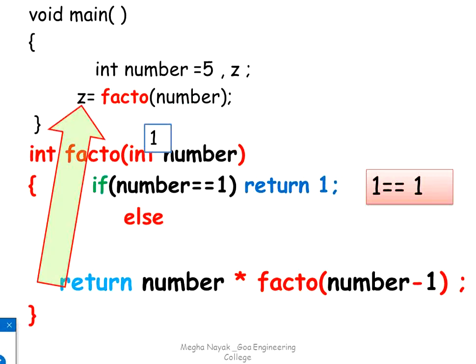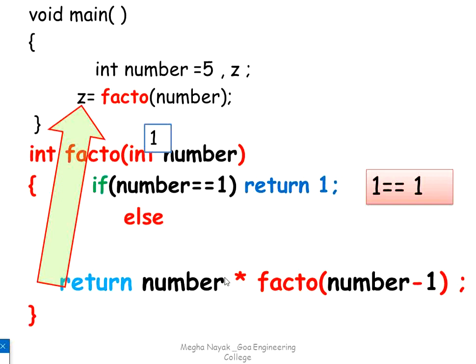So if you notice, this return final 120 is returned back here, and I have taken care of the base case by saying my number is equal to 1. So you may try implementing this code with proper prototyping and check whether you get the right answer.